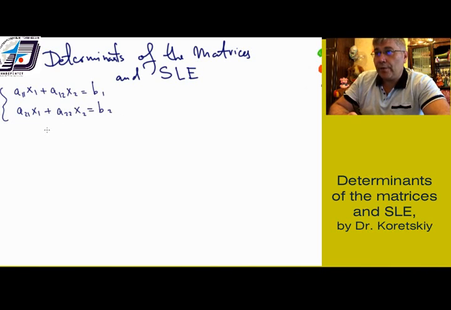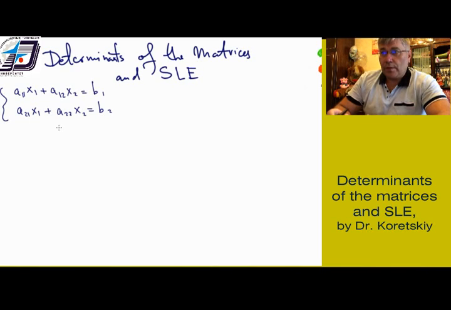So here we have x1 and x2 unknown variables, and a with indices 11, 12, 21 and 22 are some factors, some numbers, or maybe even functions, and b1, b2 are still numbers or functions.